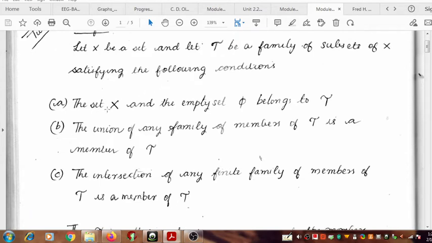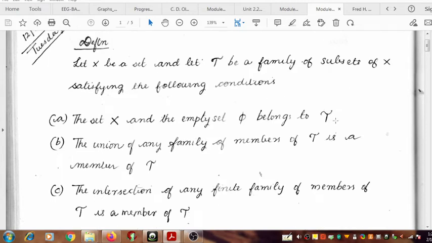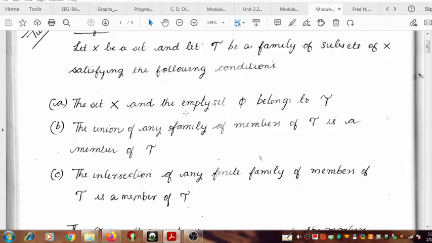The first condition is whether the null set and the whole set both are present in the family. This family is called tau, pronounced tau. So whether phi and X both belong to tau, that's the first condition. You can very easily verify that.